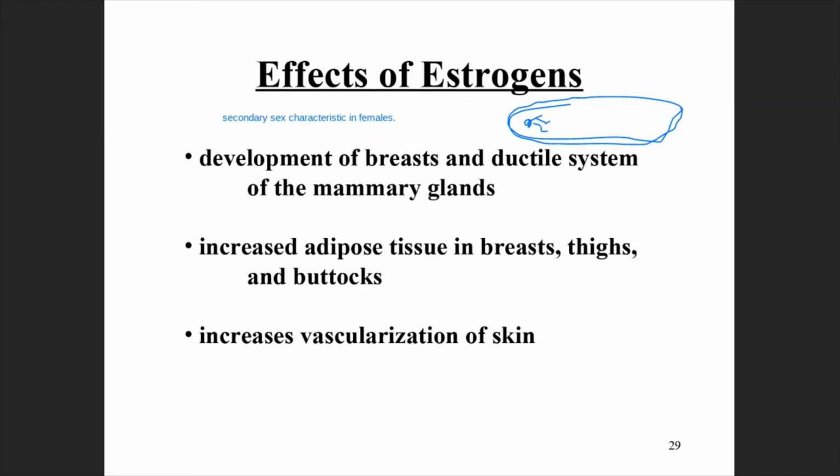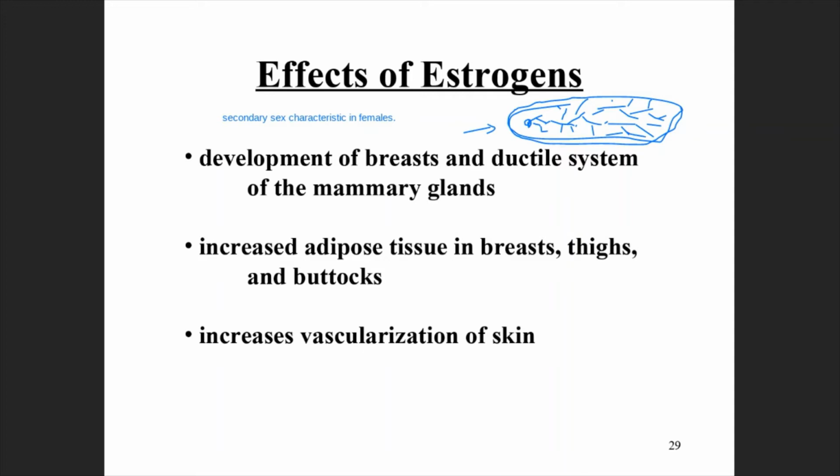You have a rudimentary ductal system starting from the nipple like this. But under estrogen, this started to invade the fat pad. It just branches out, growing to fill this area. And so now this ductal system is ready to go.